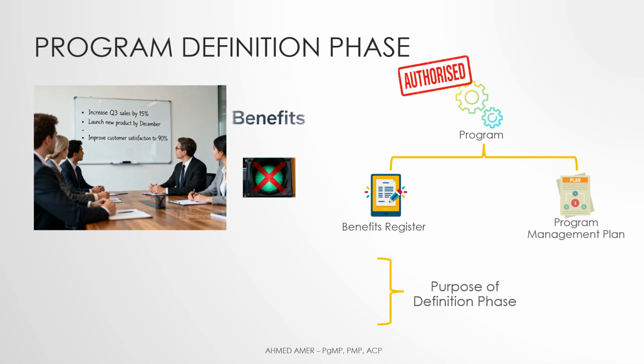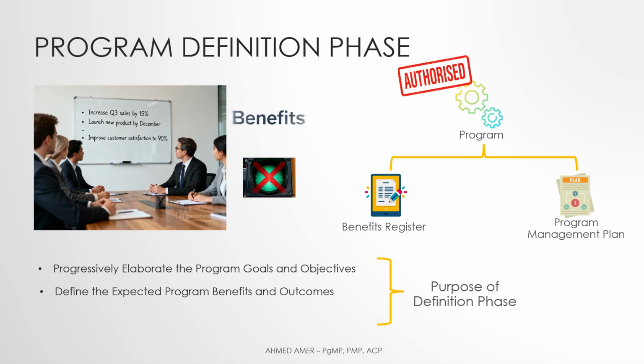The primary purpose in this phase is to progressively elaborate the goals and objectives to be addressed by the program, define the expected program benefits and outcomes, and seek approval for the program.